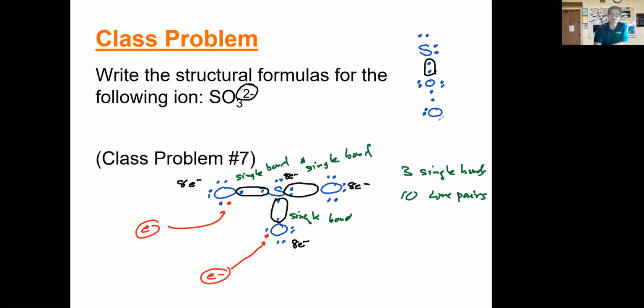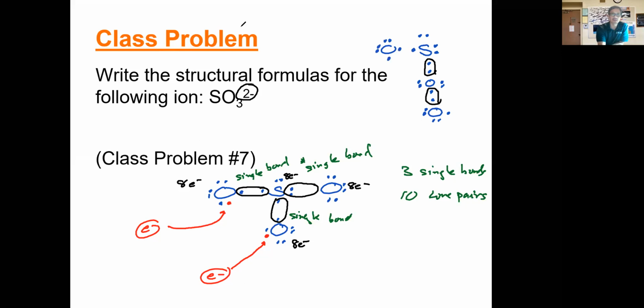You have a single bond right here as well. And then the last oxygen is going to be bonded to the sulfur. So sulfur kind of serves as a center atom. We have 2 center atoms here: sulfur, and this oxygen here. And then we have this last oxygen out here.